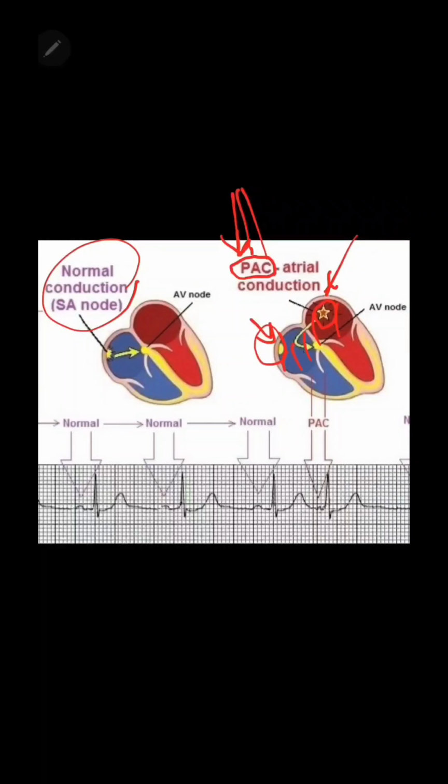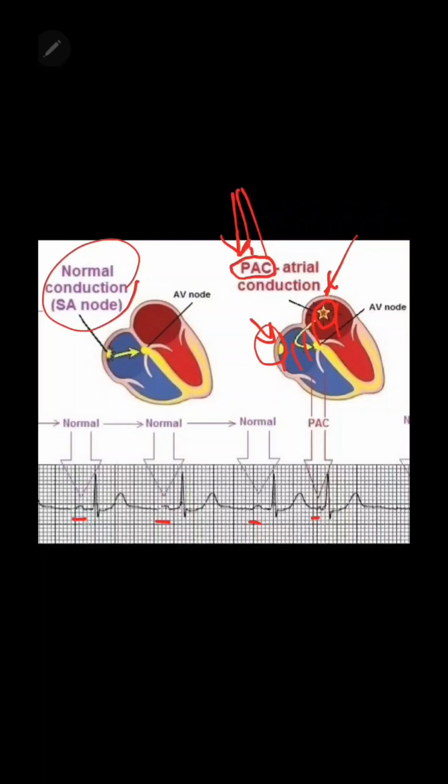So if we look at the picture over here, you will see that you have these P waves that are associated with the SA node, and then you have this other P wave that came early and has a different morphology because it's coming from a different focus.